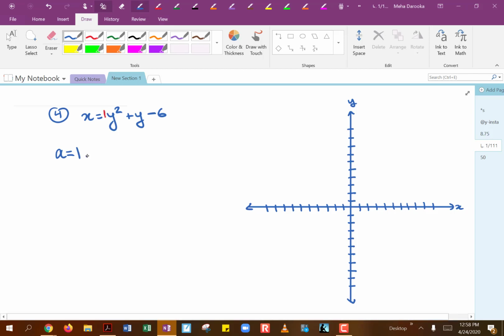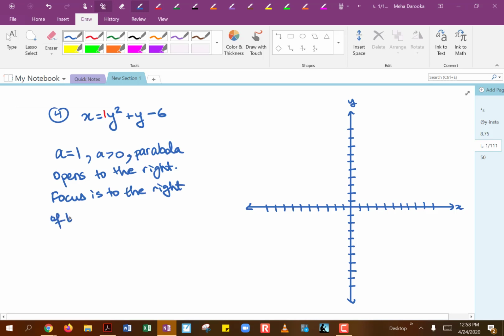Since this is a positive number, that means our parabola opens to the right, which also means the focus is going to be to the right of the directrix. Okay, so that at least gives us an idea of how this will end up looking.